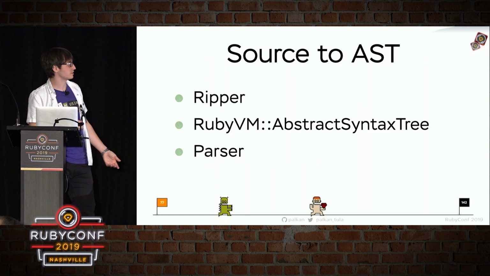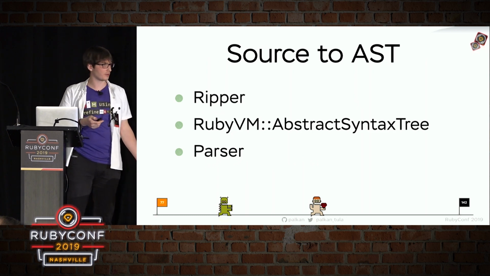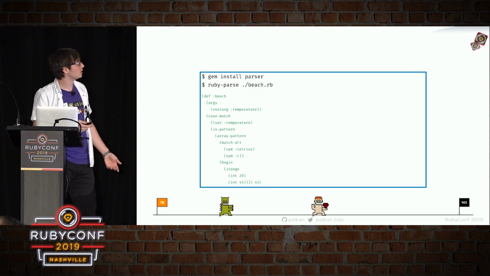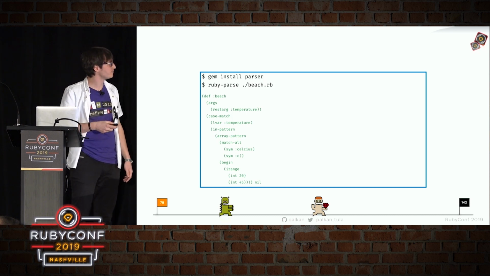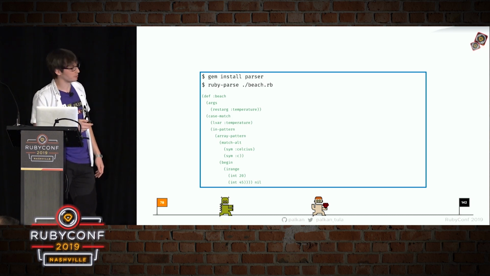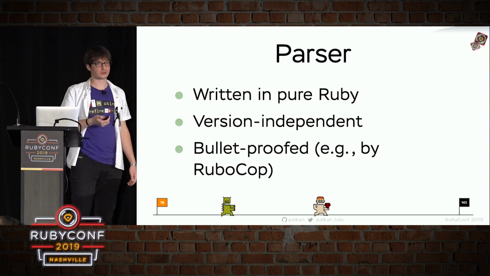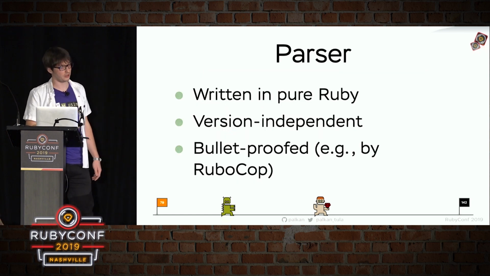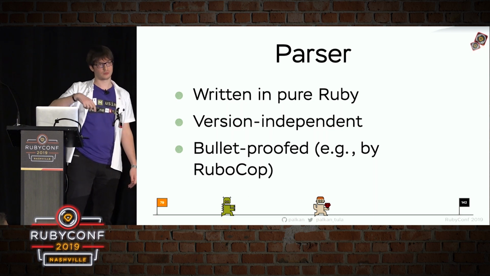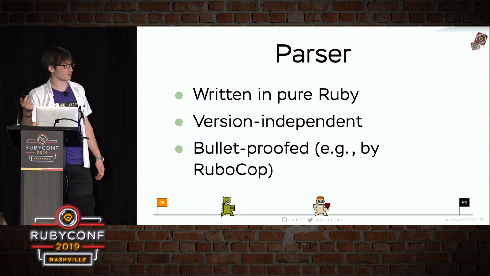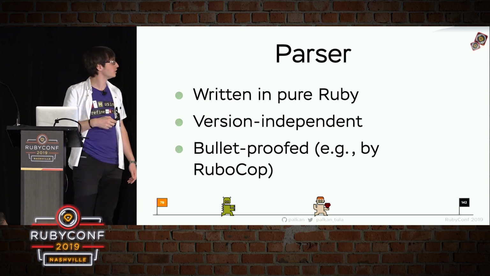So we go next, and that's Parser. Parser is a separate gem. Surprisingly, it also allows us to generate an abstract syntax tree, but they look pretty readable. The good point of Parser is that it's written in pure Ruby. It's version independent, which means you can parse code written for any version of Ruby from any other version.